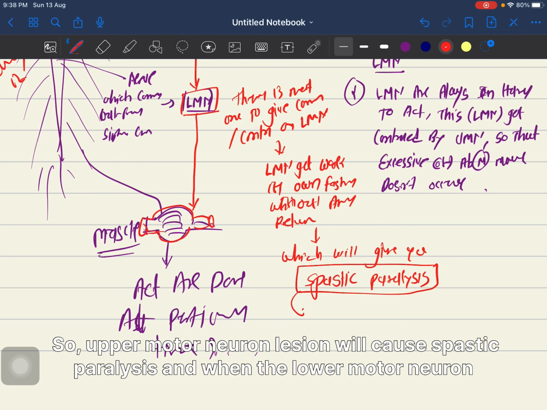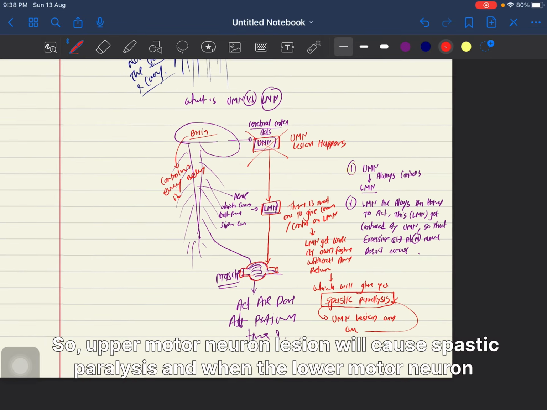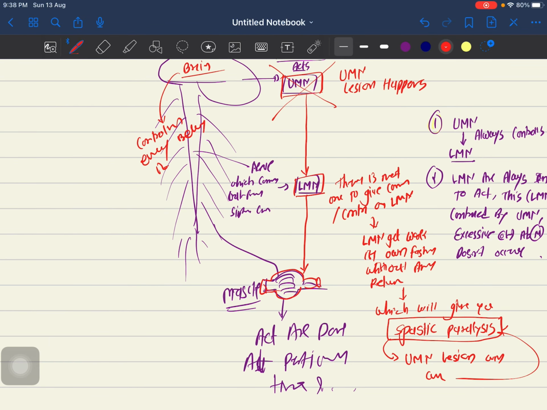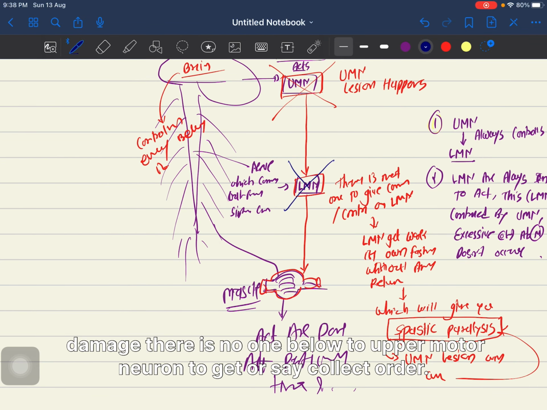So an upper motor neuron lesion will cause spastic paralysis.